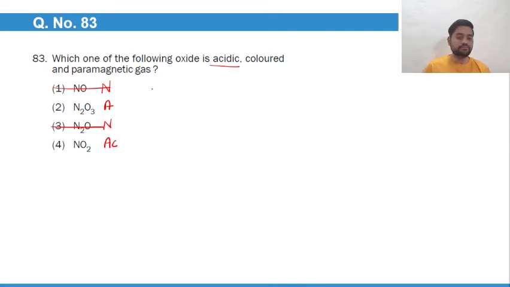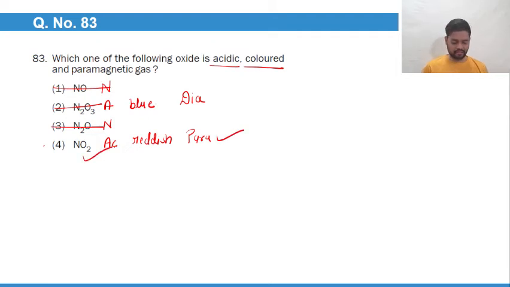Colored: if your knowledge serves you right, it is a blue color solid, whereas it is a reddish brown color solid basically. So they both are colored. Talking about paramagnetic, this is diamagnetic and hence this is not the right answer. NO2 is paramagnetic because of an unpaired electron. So option number 4 will be the right answer for 83.